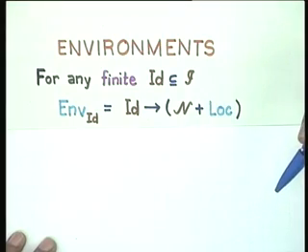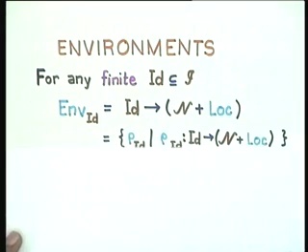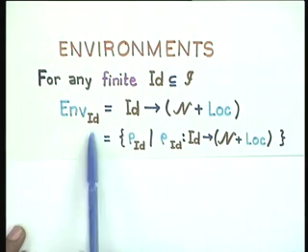Remember what I said about disjoint union: if you take the disjoint union of two finite sets, then it contains as many elements as the sum of the two sets, and each element also maintains an identity of which of the component sets it is actually taken from. So that's a disjoint union, and the set of all environments given a collection of identifiers.